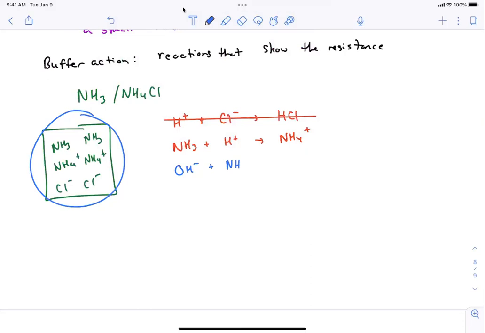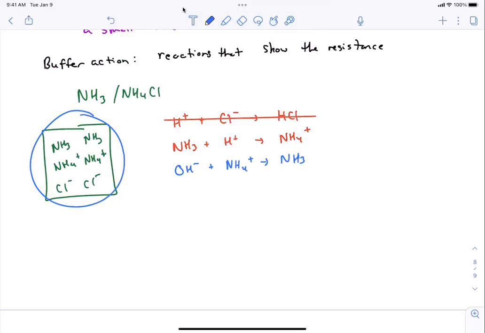No, because NH3 is able to absorb a hydrogen. So it's NH4 plus, because NH3 is a weak base. That's one of the examples that we gave when we talked about weak bases. So these are your two buffer reactions that are happening here.